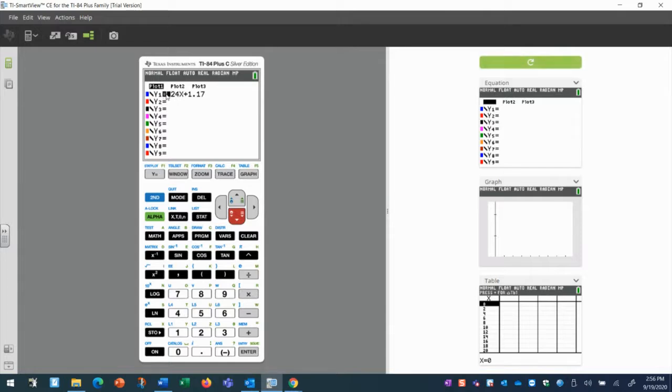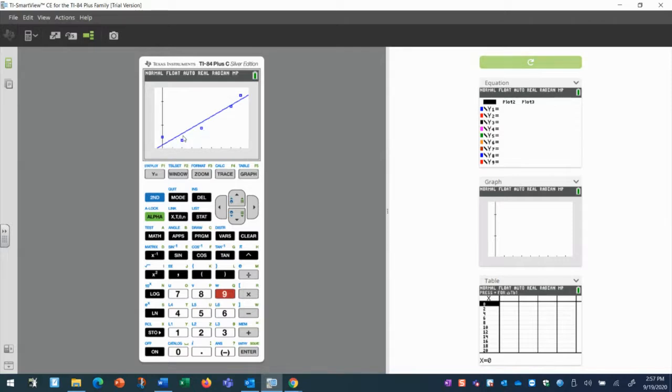Now I'm going to graph this linear equation along with my points. So I'm using zoom 9, zoom stats. That will graph both together. This line is the best fit line that represents the data. Some points will be above it, and some points will be below the line.